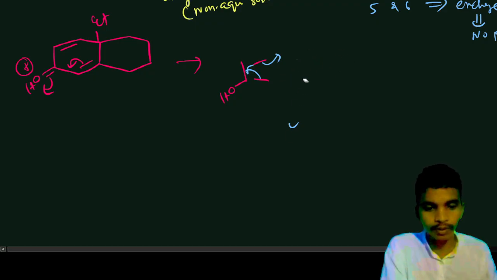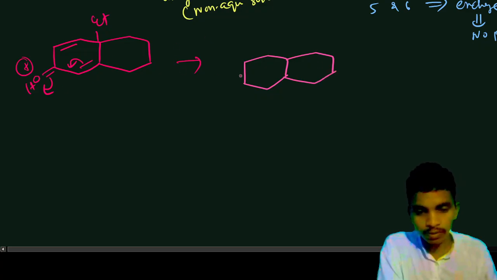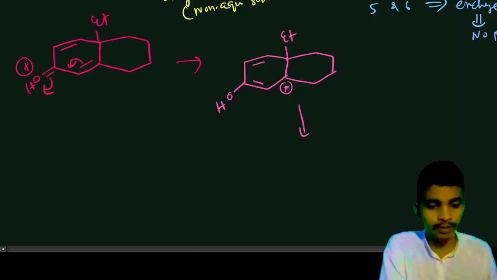Let me make this one again. Okay, so that is going to shift here, that is going to OH, and this shifted here, and here we have the ethyl. So it is shifted from here to here, so here we will have the positive charge.